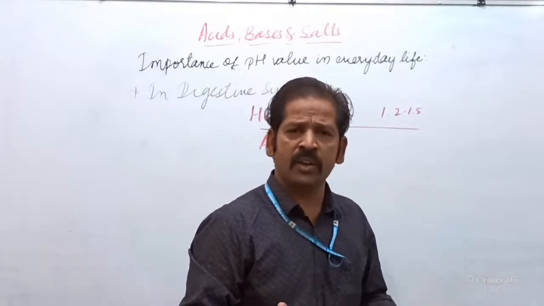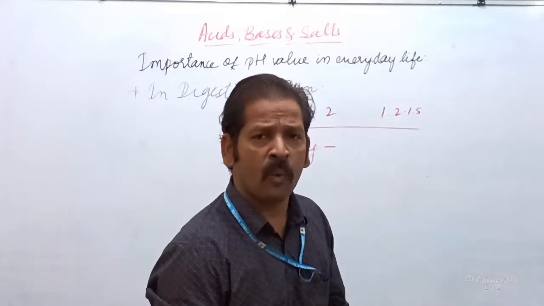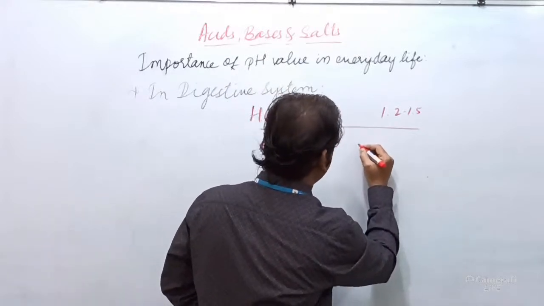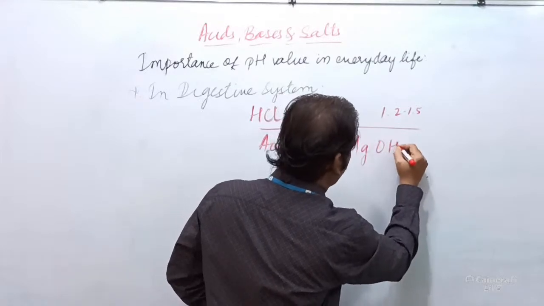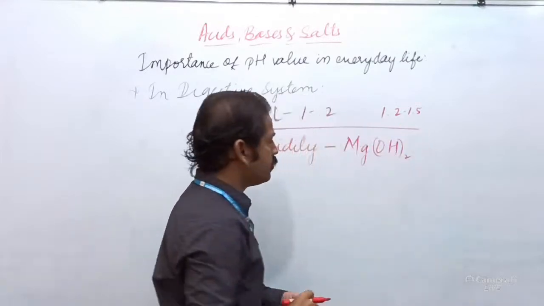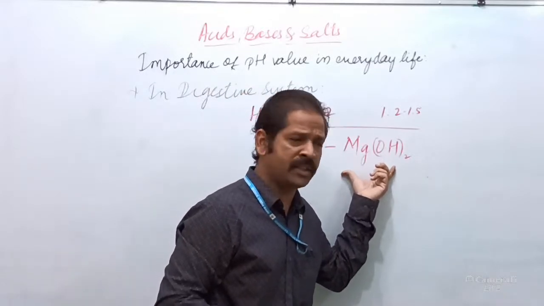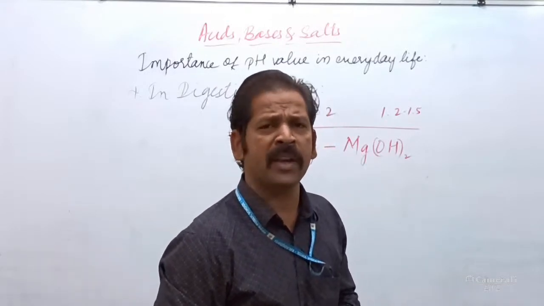Which are the antacids? Usually there is a base, there is a salt. You can use both of them. One is milk of magnesia, magnesium hydroxide, and one more is sodium bicarbonate, baking soda.